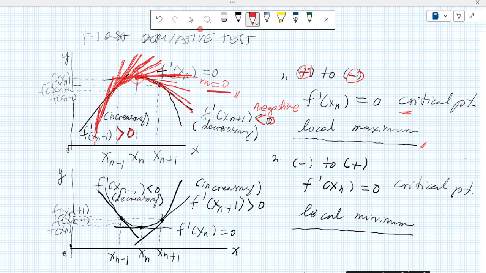Naturally, the converse is true. If we go from negative in value to positive, then from the left side it's getting less negative until it reaches this point wherein the slope is again essentially 0.